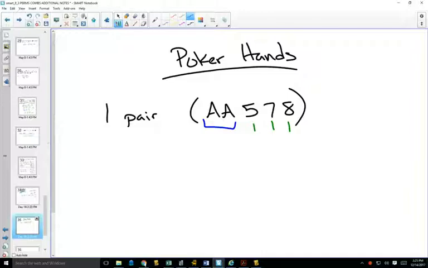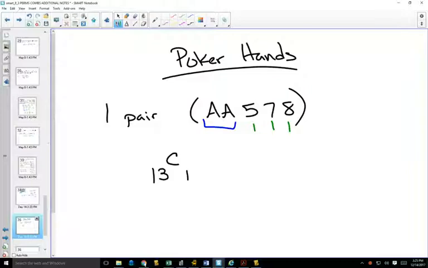So when I want to count this, when you're counting a pair of cards, the first thing you have to decide is, what is my pair of cards going to be in? Is it going to be a pair of aces, a pair of fives, a pair of sevens? Which pair am I going to pick? Well, there's 13 different numbers. I need to choose one of those numbers to be my pair.